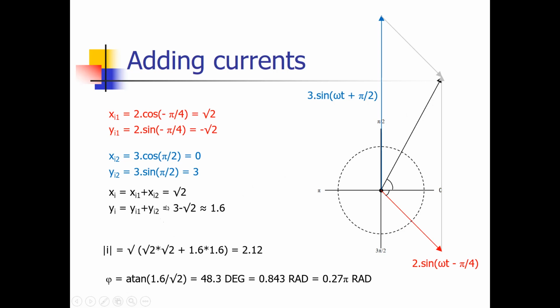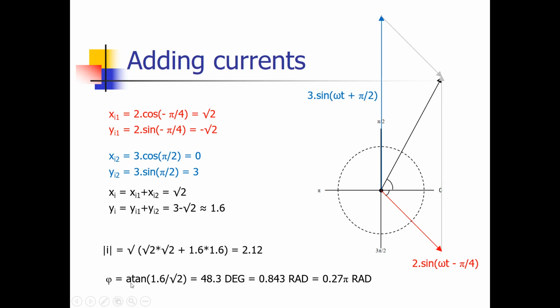So it's this parameter squared, so the square root of 2 squared, which brings us 2, plus 1.6 squared, which brings us almost 3, and then take the square root out of it, and it all brings us a length of 2.12. We can also calculate this angle, which is the arctangent of the vertical part divided by the horizontal part.